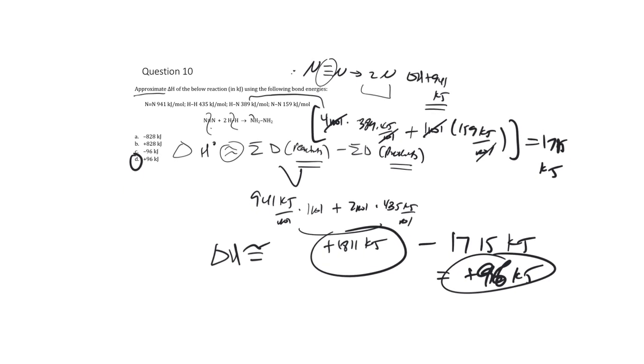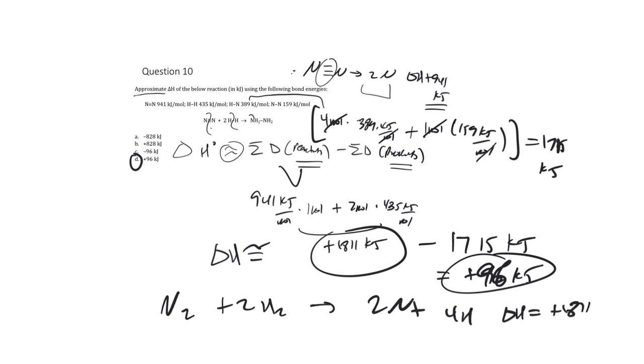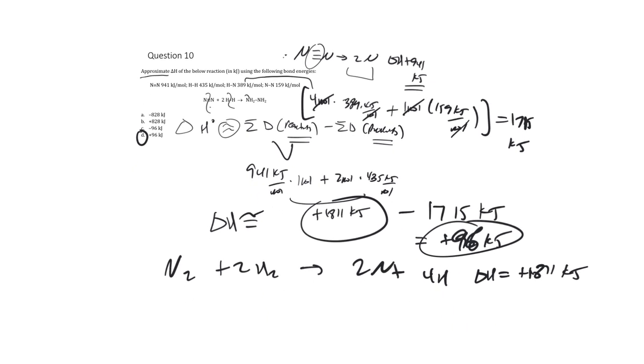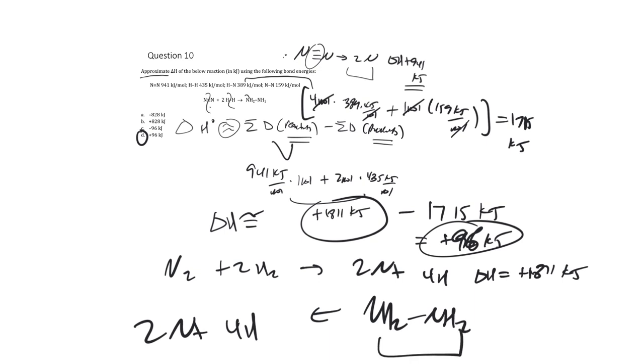If you want to see one more reason why this works, it's just a Hess's law example of taking N2 plus the 2H2 into these fragments of 2N plus 4H atoms. That delta H is plus 1811 kJs to break those bonds. And then if you think of the energy it took to break the bonds of the N2H4 into the fragments of 2N plus 4H, to go from this side to this side was plus 1715.